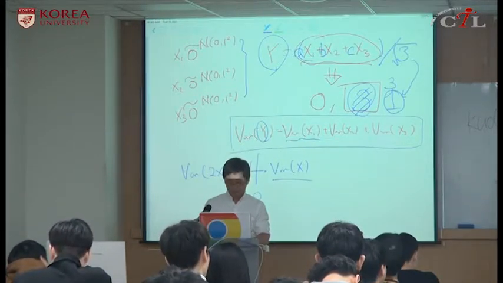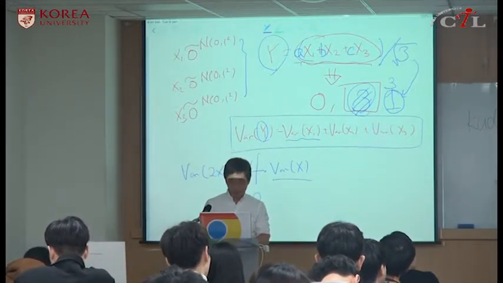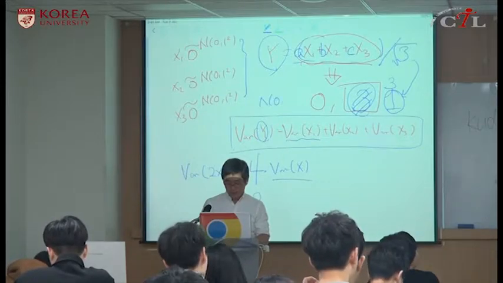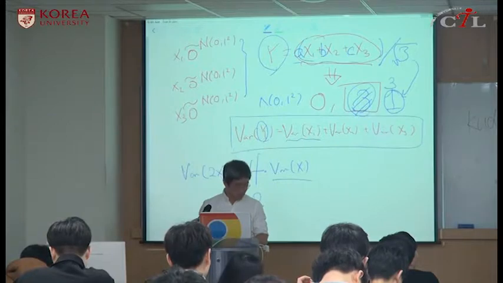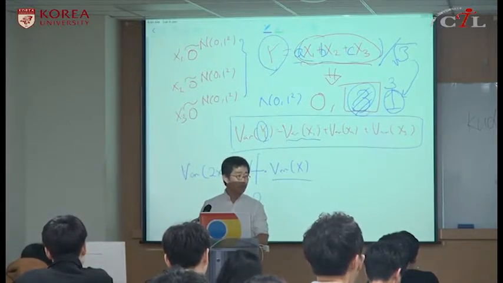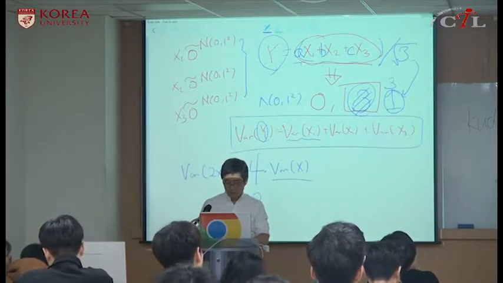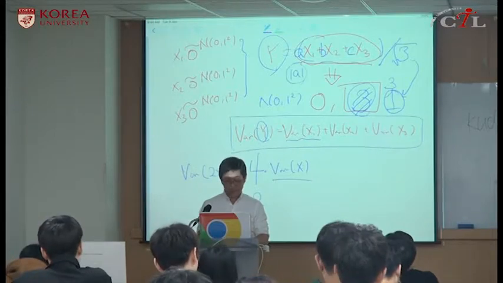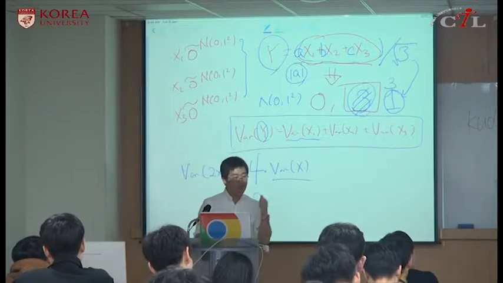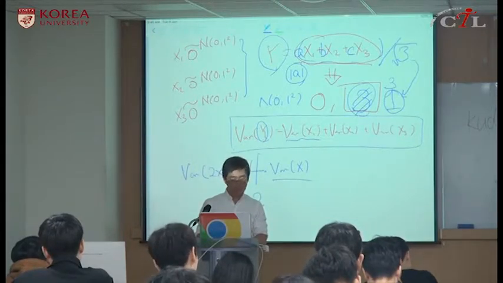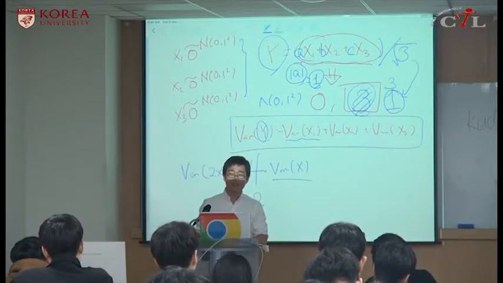And if A, B, and C are also random variables that follow the standard Gaussian distribution, then roughly you can think of the average absolute value of A as just 1, okay.